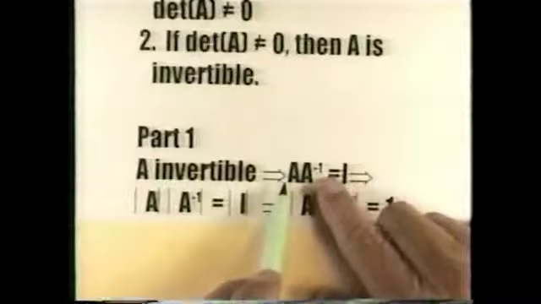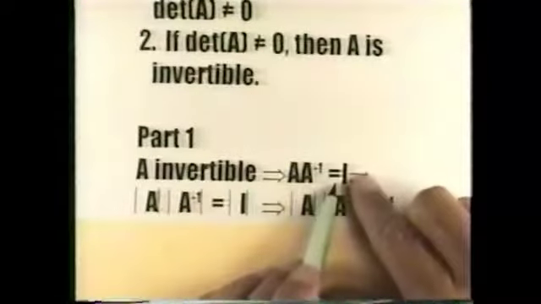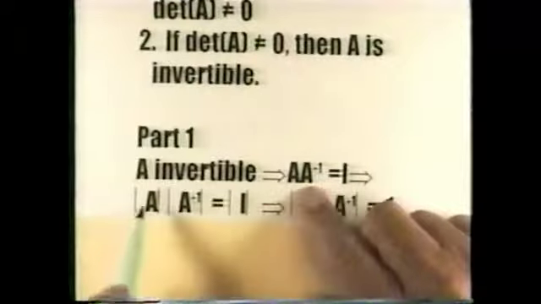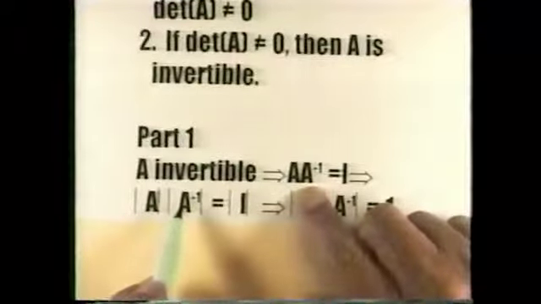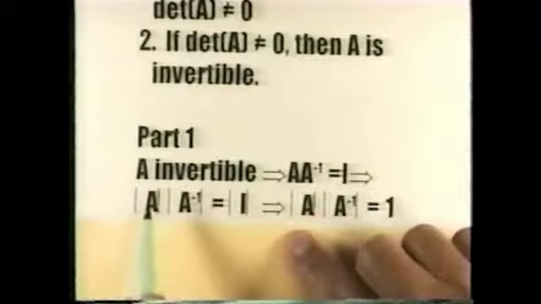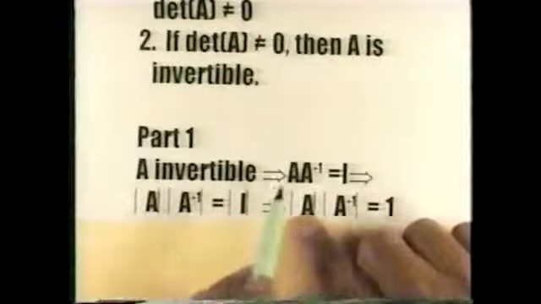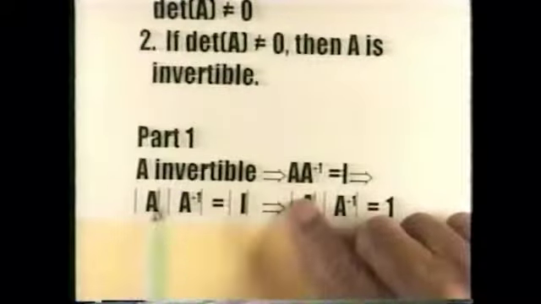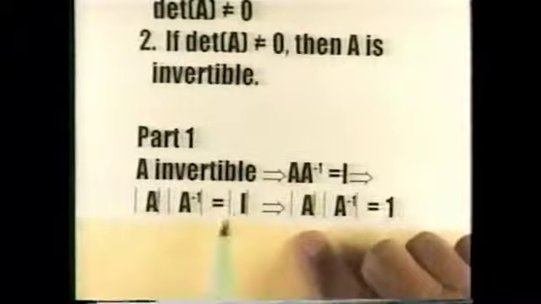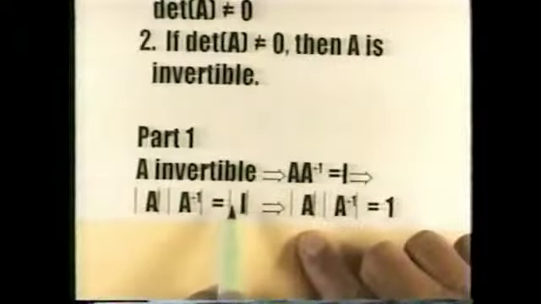So the determinant of A times A inverse is the determinant of I. Now we know that the determinant of the identity matrix is 1.